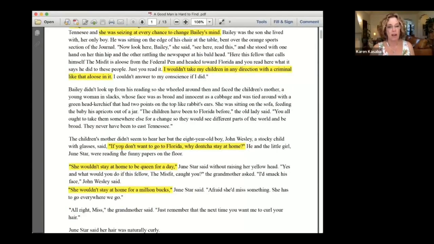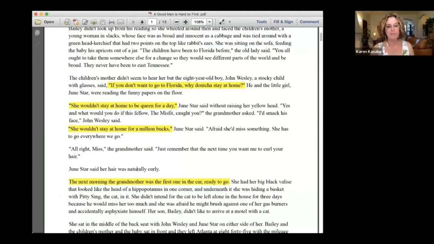And so there's some setup here of John Wesley, one of the kids, says to the grandmother, if you don't want to go to Florida, why don't you stay at home? And then his sister says she wouldn't stay at home to be queen for a day. And also she wouldn't stay at home for $1 million. And so they're setting up, this grandmother is not going to stay home, even if they do go to Florida.